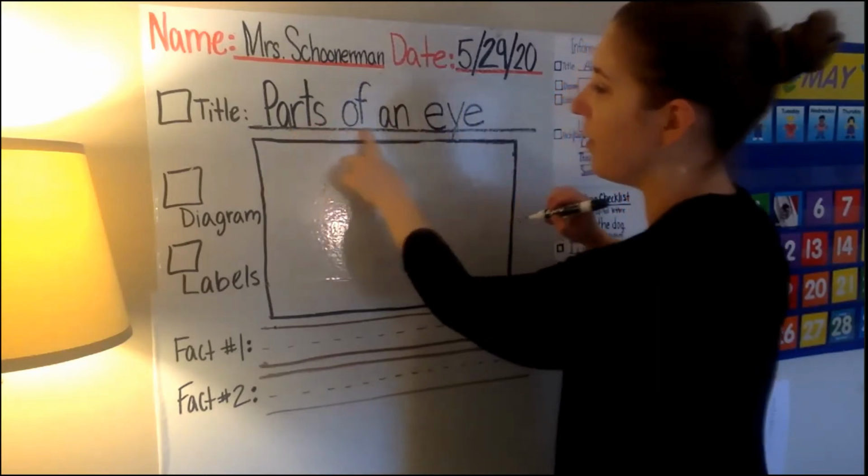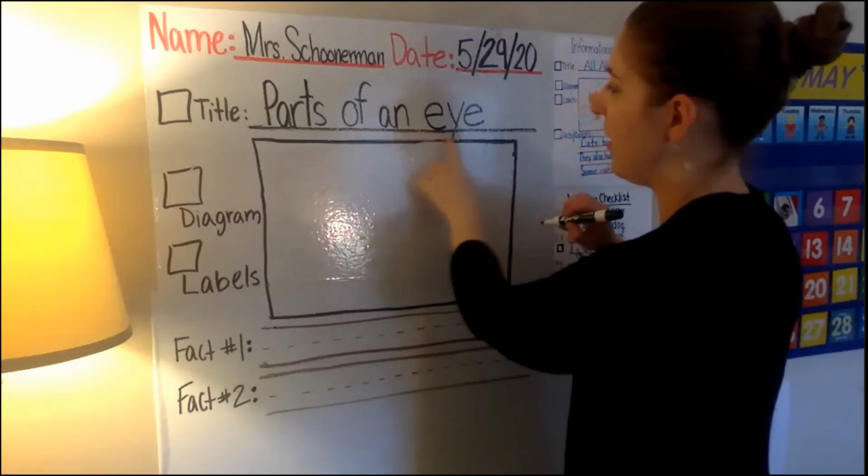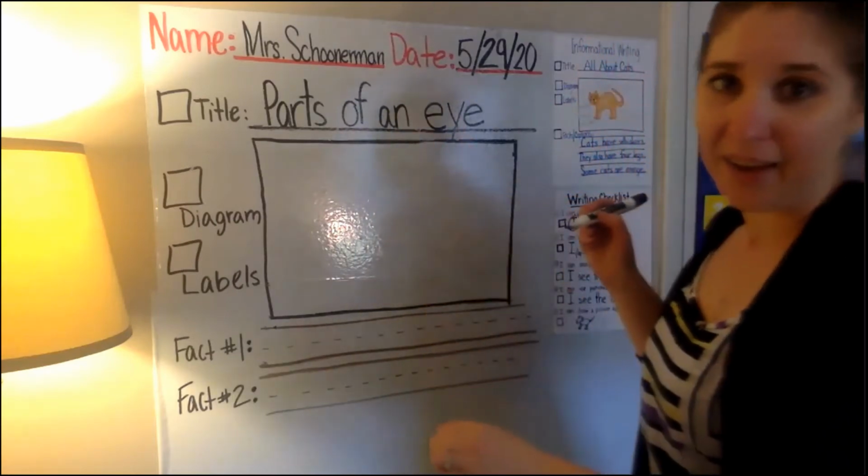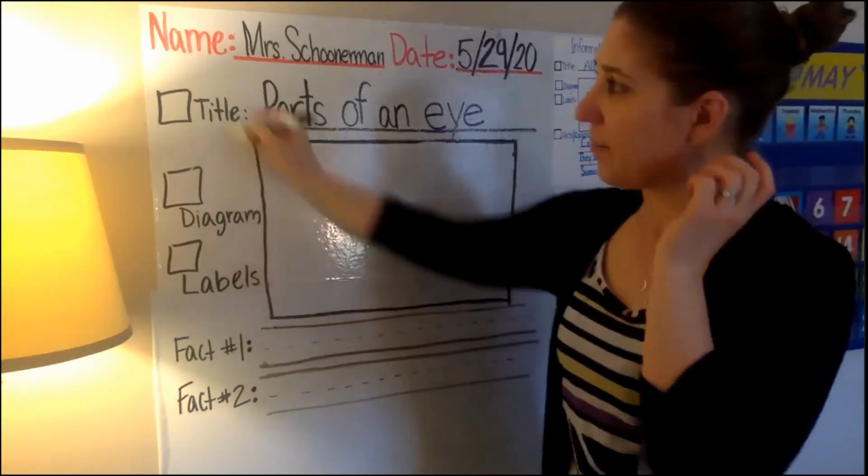Parts of an eye. That's our title today. Parts of an eye. So we wrote the title.